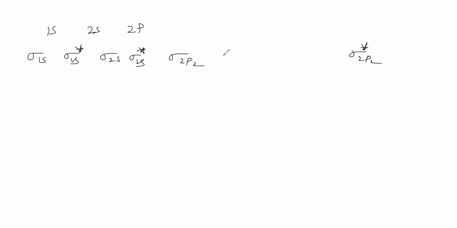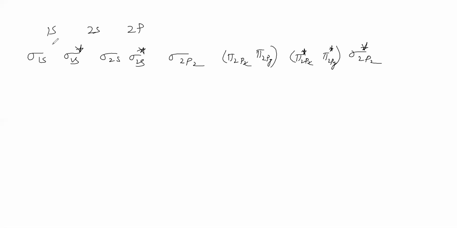The 2px atomic orbitals give pi 2px and pi star 2px. Then the 2py atomic orbitals give pi 2py and pi star 2py. Okay. So we got molecular orbitals from atomic orbitals.